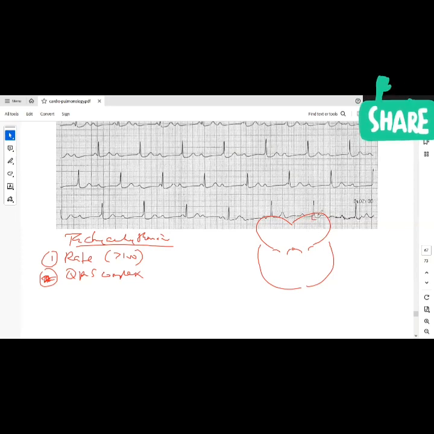So this is our left atrium, right atrium. This is, of course, the tricuspid valve ring or annulus. The mitral valve is here. And then you have the openings of the pulmonary veins into the left atrium.